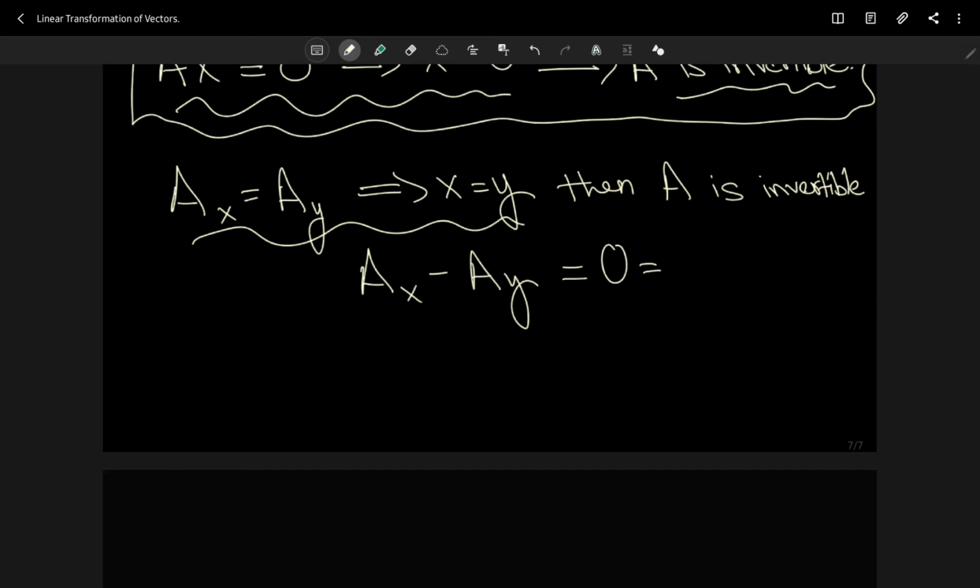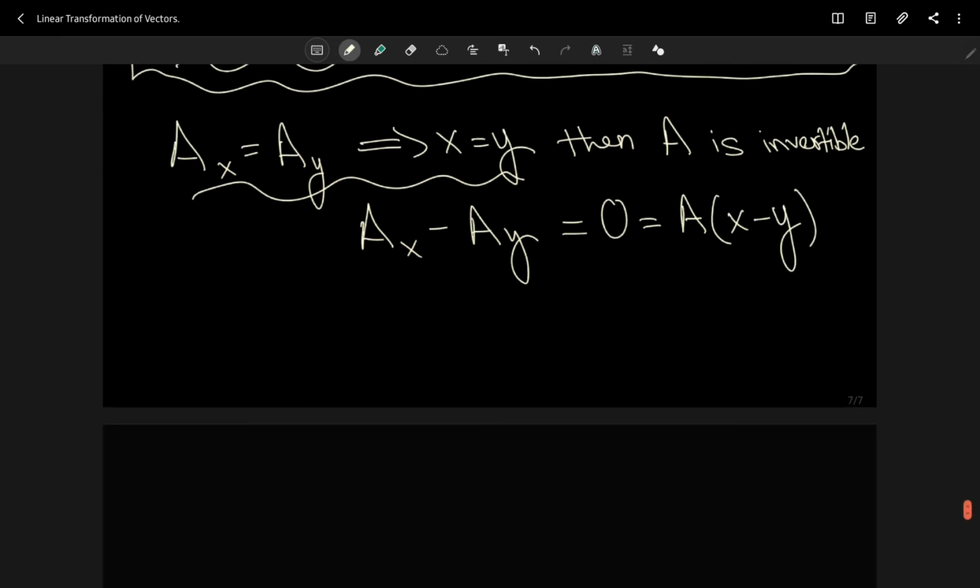Which is the same as, if I use the linearity of A, I can write this as A times x minus y. But if A is invertible, which we just said, then this simply means that x minus y has to be 0.